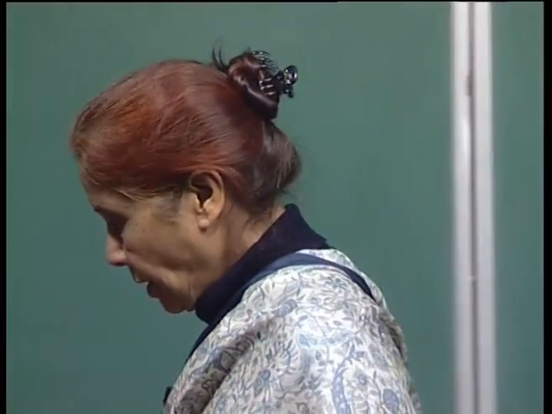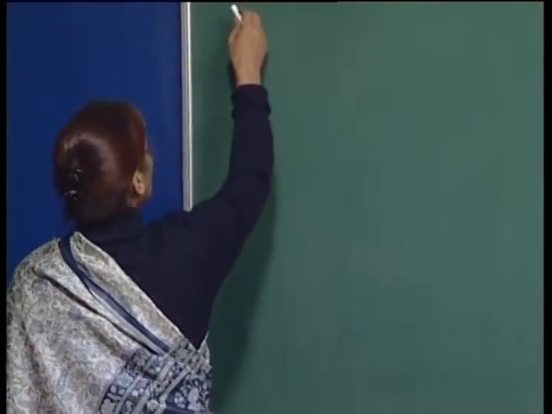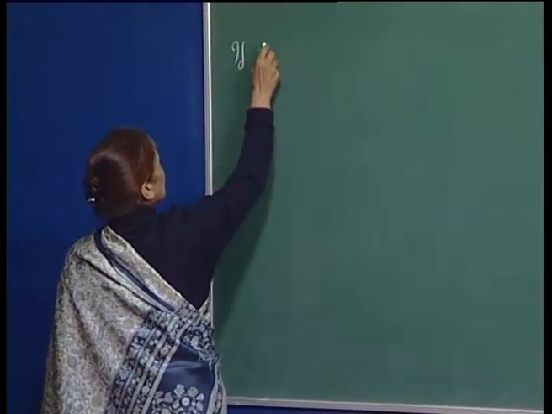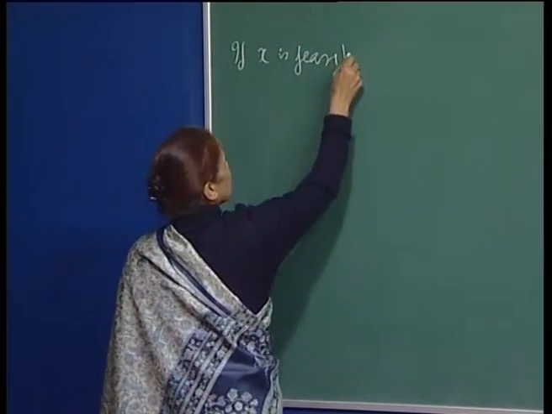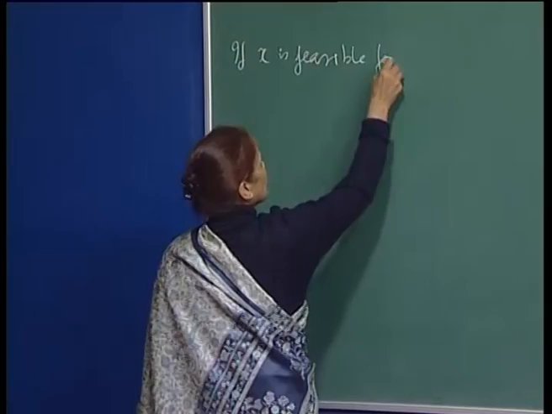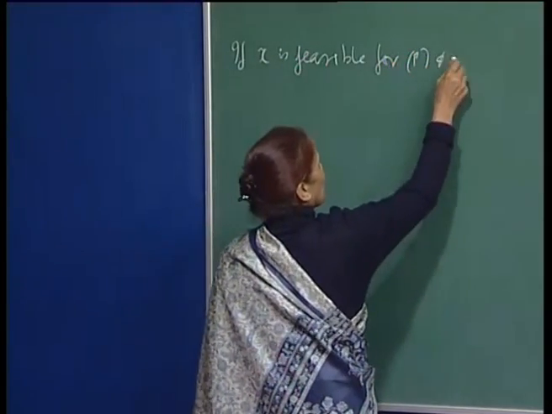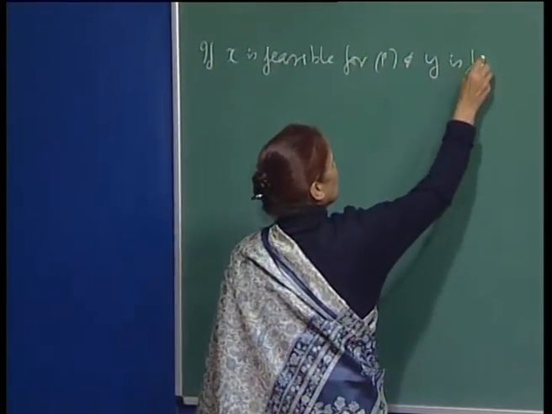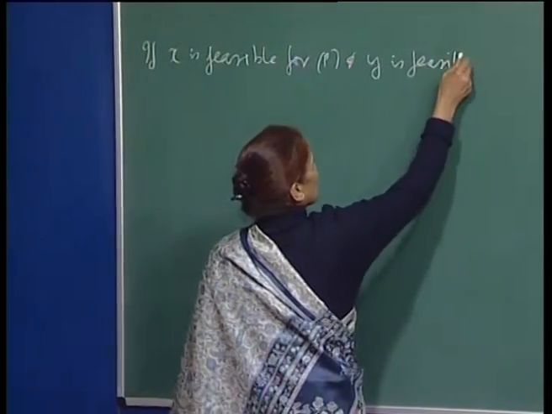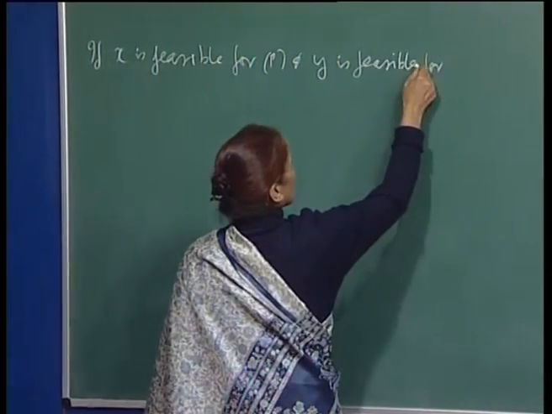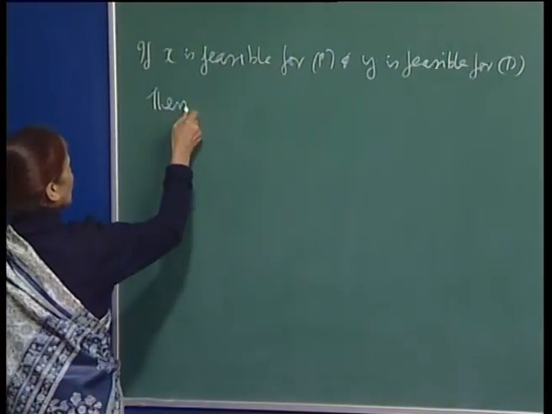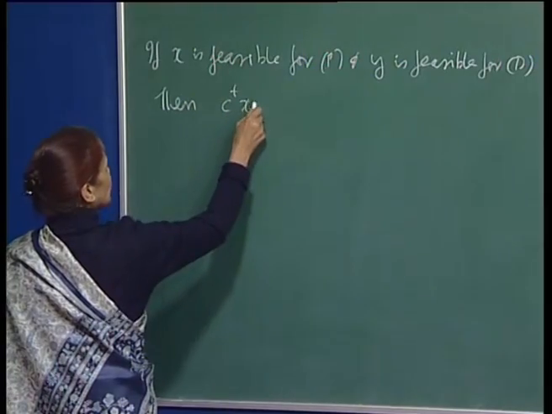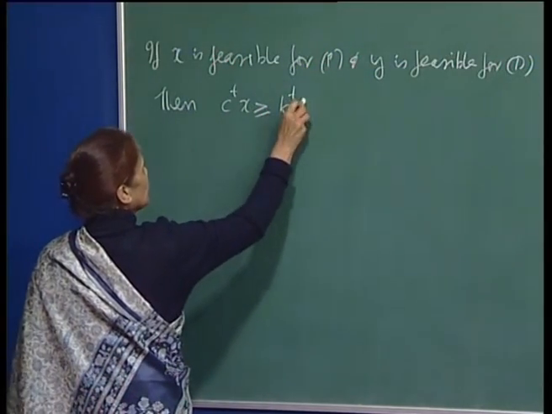So, let me begin by recalling the weak duality theorem. Remember, the weak duality theorem said that if x is feasible for P and y is feasible for D, then c transpose x is greater than or equal to b transpose y.